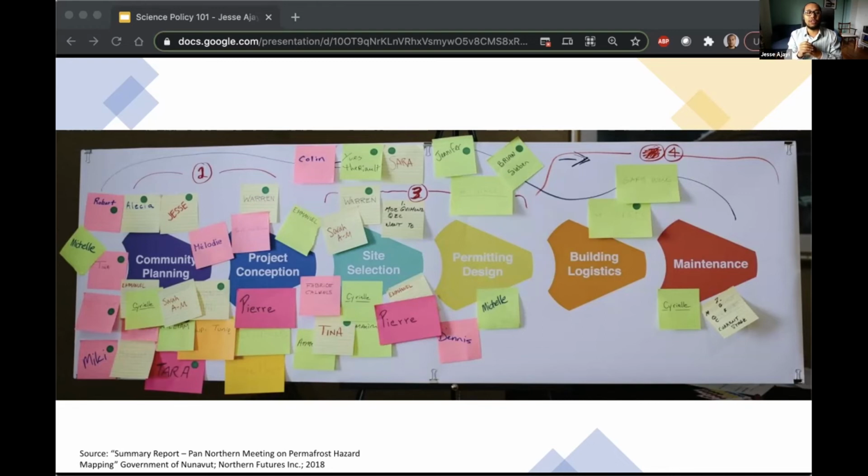And so what we saw was that we're very interconnected in our work when it comes to building infrastructure. And this creates an opportunity for a researcher at one scale to really reach across the development continuum and impact decision making along that whole continuum.